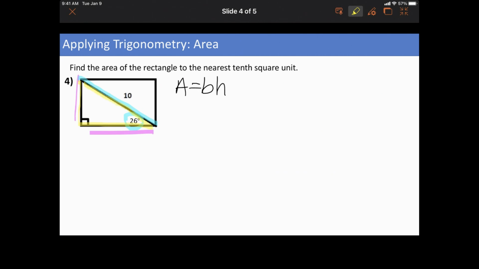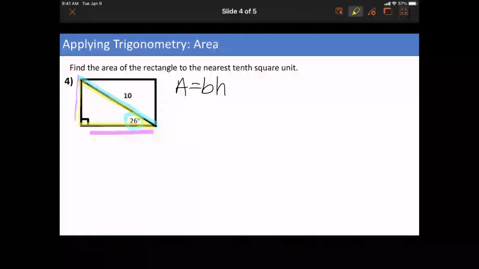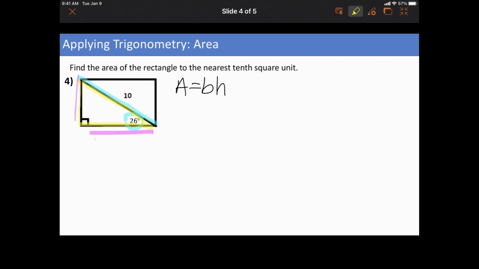So is there anything I can use about a right triangle? Well, the Pythagorean theorem, that's not going to work because I'm going to need 2 sides, and I don't have that. But if I'm given an angle, and it's not a special right triangle, it's not 30, 60, 90, it's not 45, 45, 90, so that means I can't use those two, but I can use trigonometry.